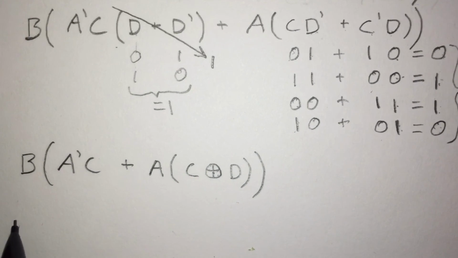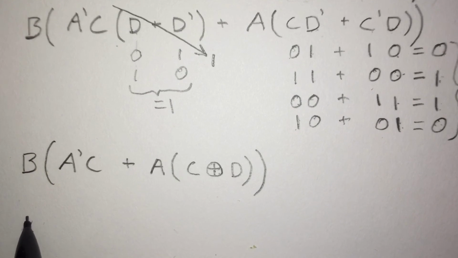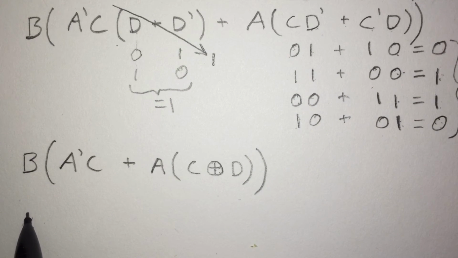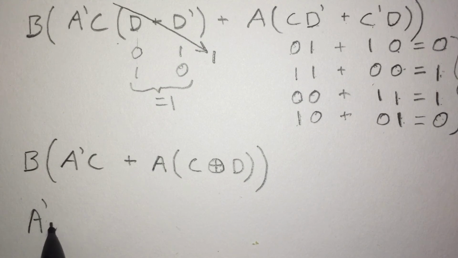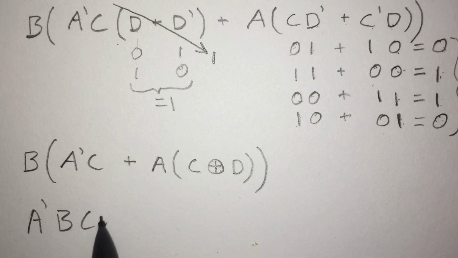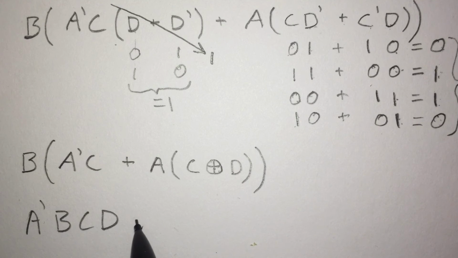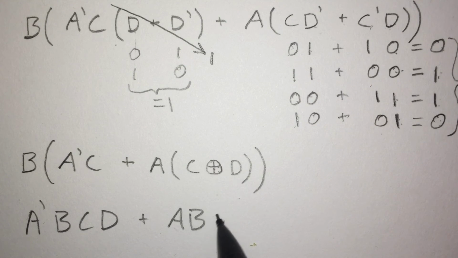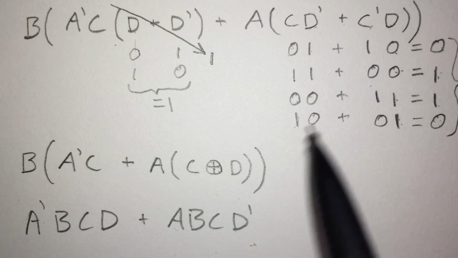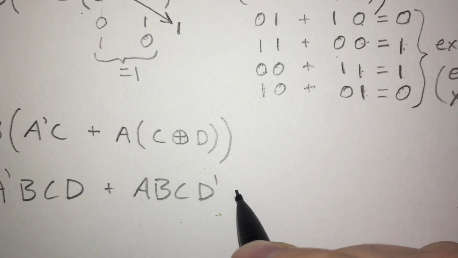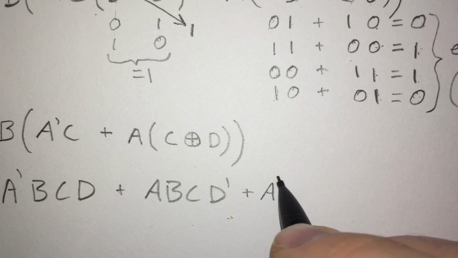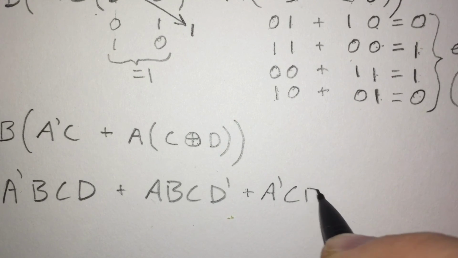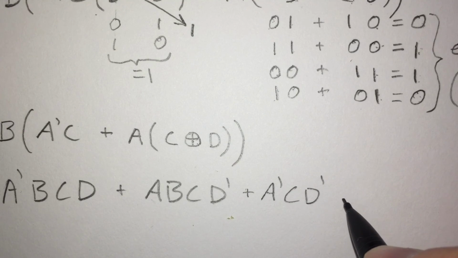And let me just copy the original statement. A, not B, C, and D, or A and B and C and D not, or A not C, D not.